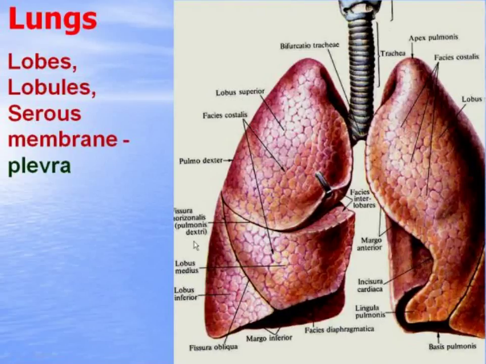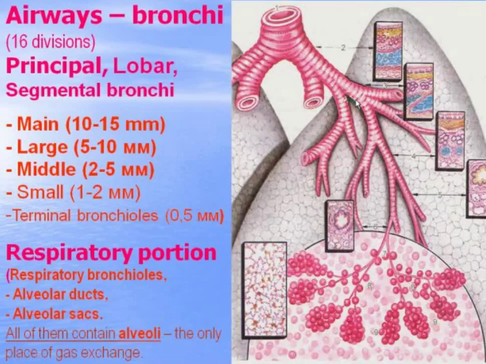Lungs are parenchymal organs covered by serous membrane. It's visceral pleura. It's lucid, and you can see the lobules, connective tissue septa dividing this organ into lobules. And inside the lungs there is a continuation of airways, the bronchial tree.